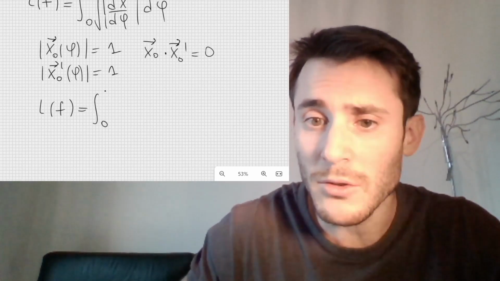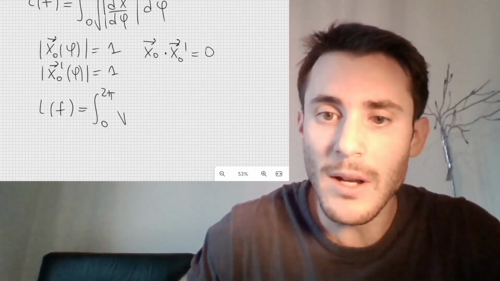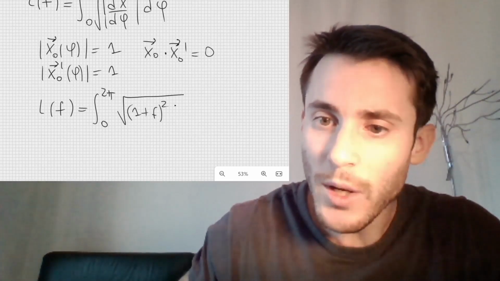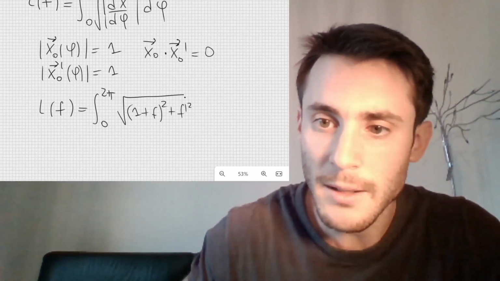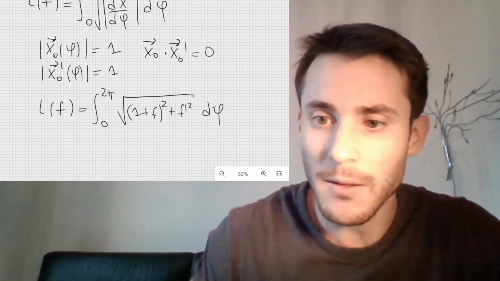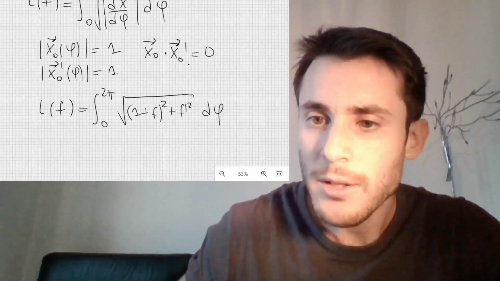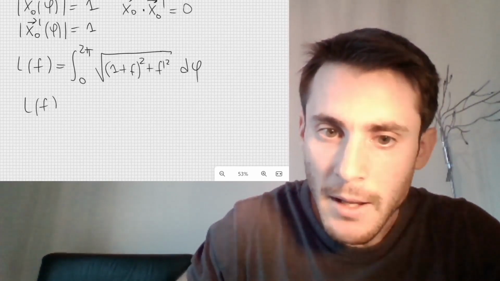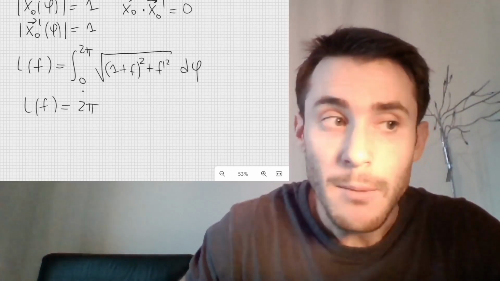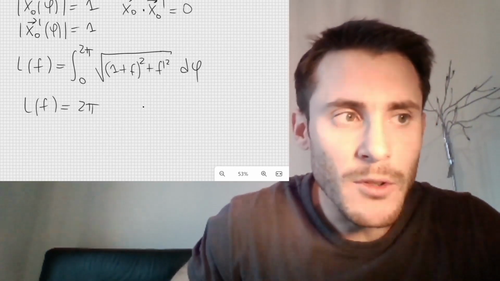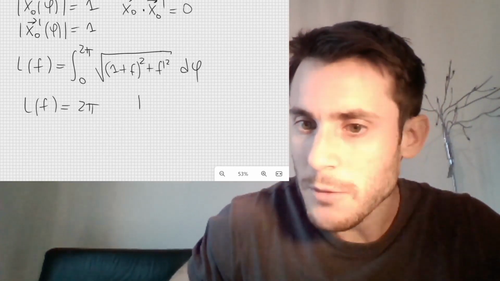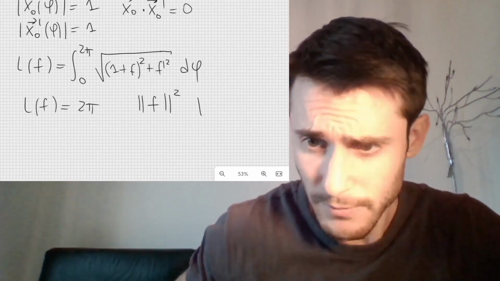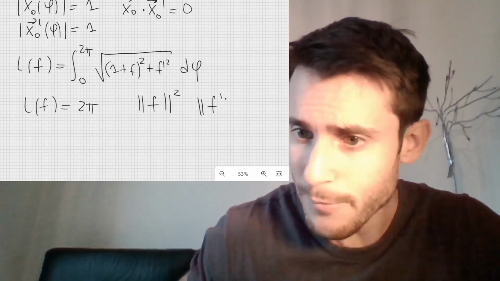It's an integral from 0 to 2 pi, and then here we have the square root of 1 plus f squared plus f prime squared, and then d phi. We can impose the condition L of f equal to 2 pi, but only up to infinitesimals which are of a greater order of magnitude with respect to mod f squared and mod f prime squared.